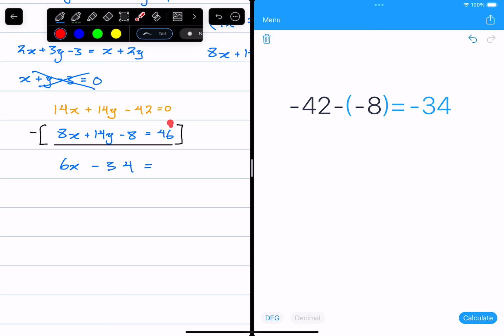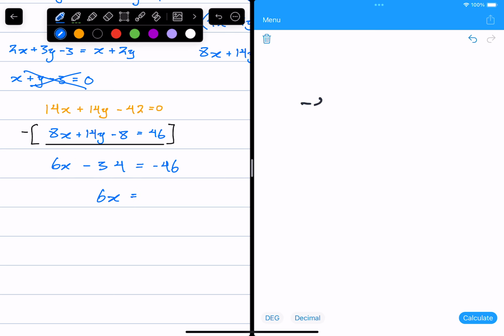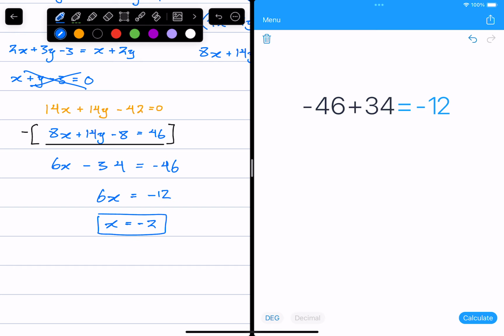And I forgot to bring this to the same side. It'll be 0 minus 46, so 0 minus 46 is negative 46. And so now we can move this to the other side. We get 6x equals negative 46 plus 34 gets us negative 12. So x is negative 2.